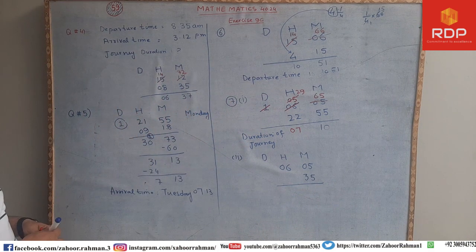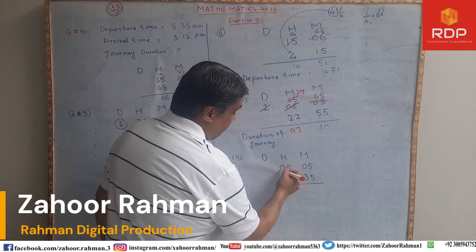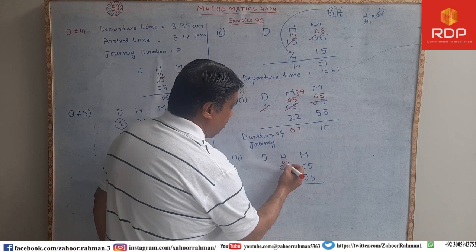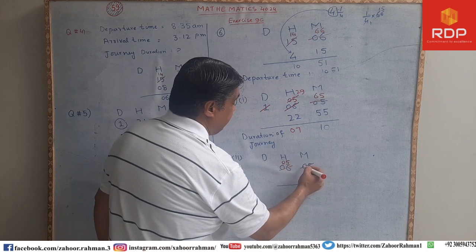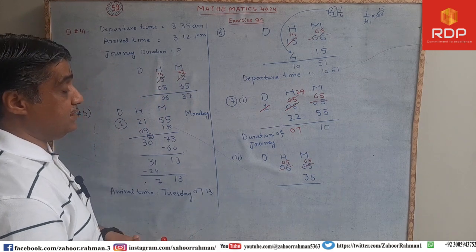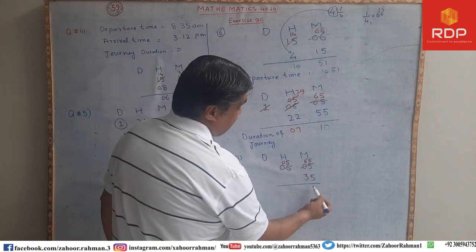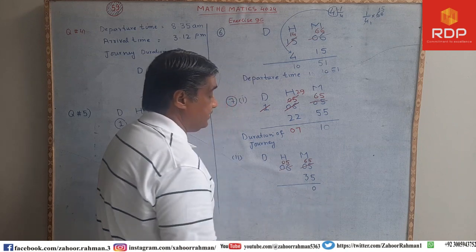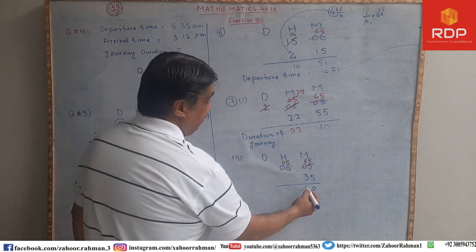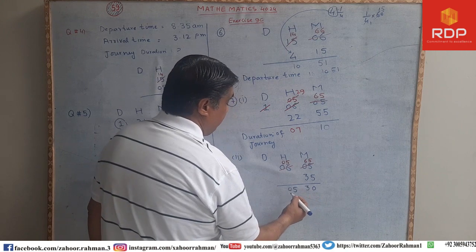Can 35 be subtracted from 5? Absolutely not. So this is 05 and it will be 65. When 35 is subtracted from 65, we will get 30 and there will be 05.